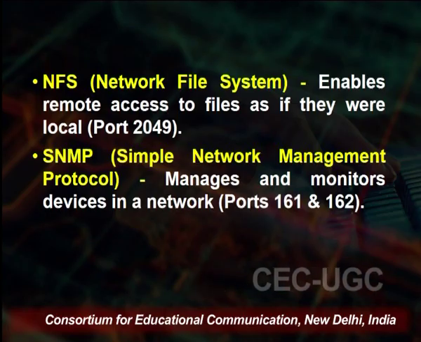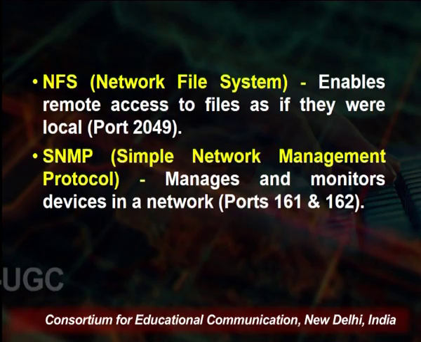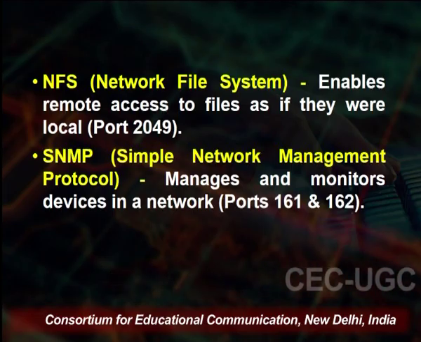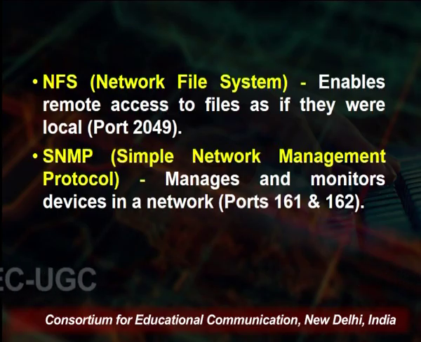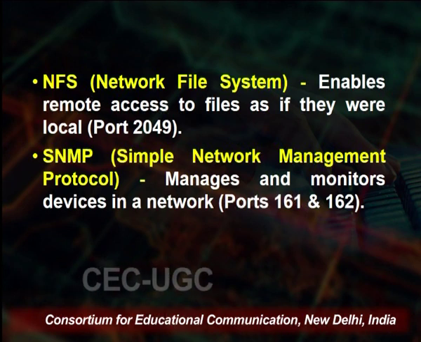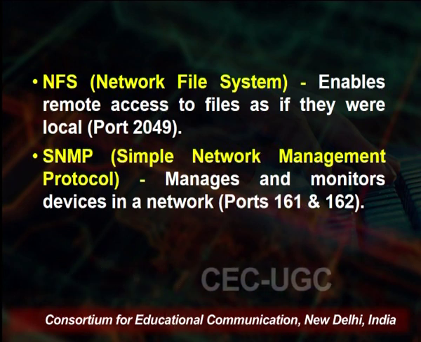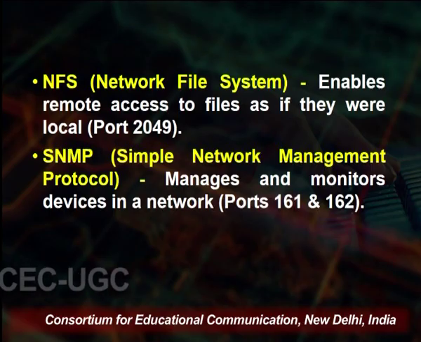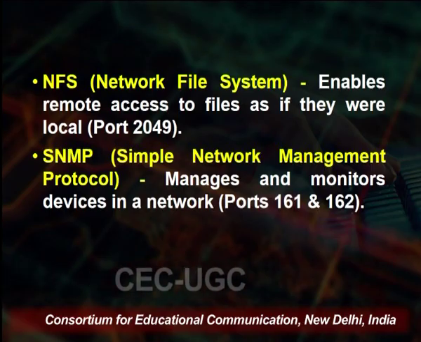NFS, the network file system, enables remote access to files as if they were local, and operates on port number 2049. And SNMP, simple network management protocol, is for managing and monitoring various devices connected in a network, and it operates on port numbers 161 and 162.